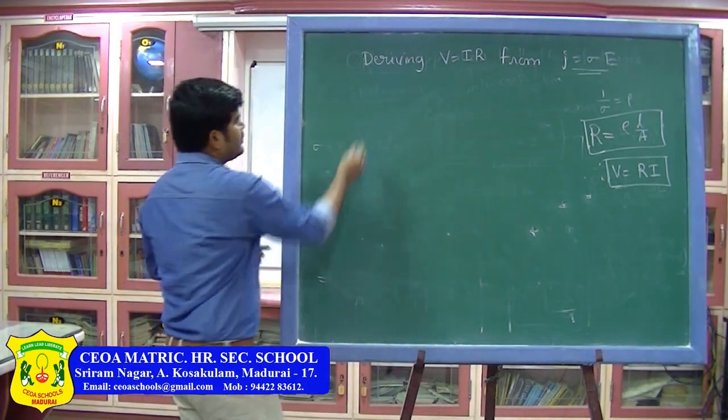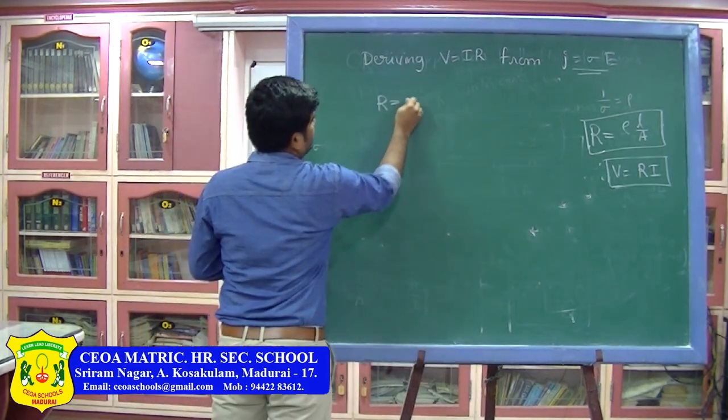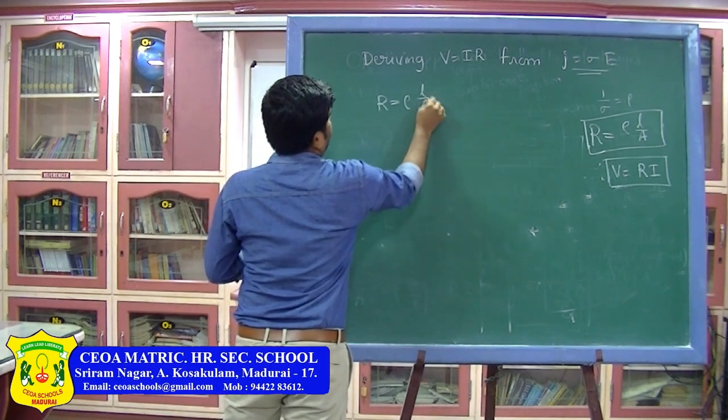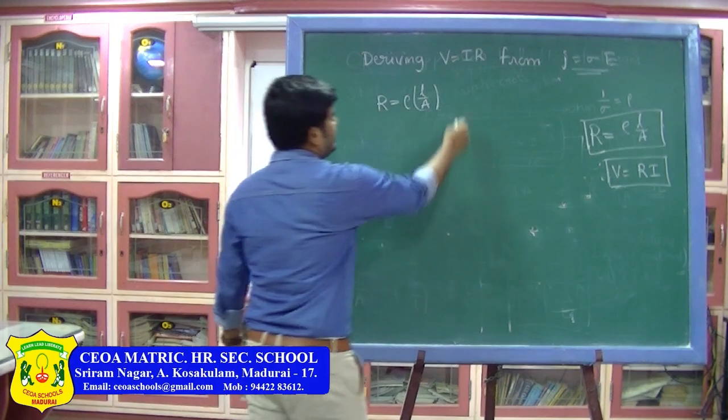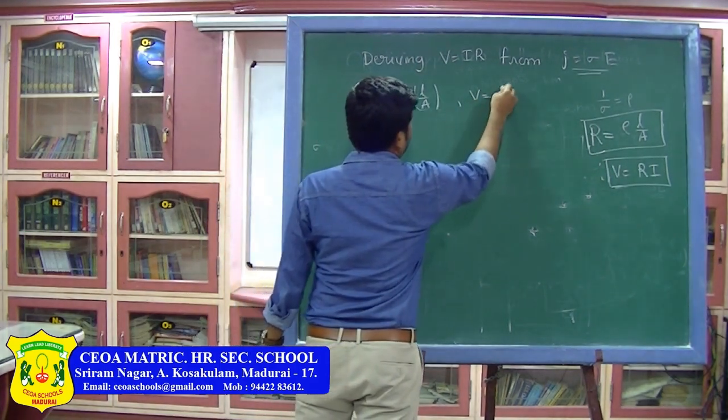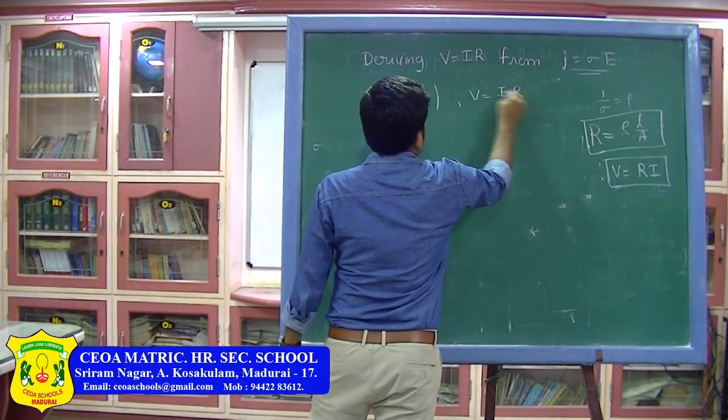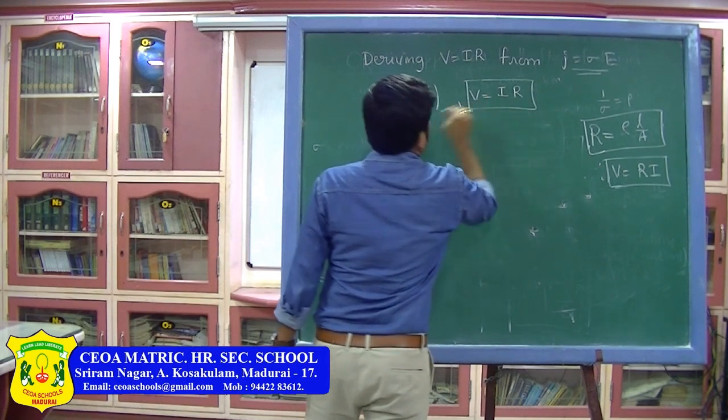R is equal to rho L by A is the expression for the electrical resistance, and the macroscopic form of Ohm's law is V is equal to IR.